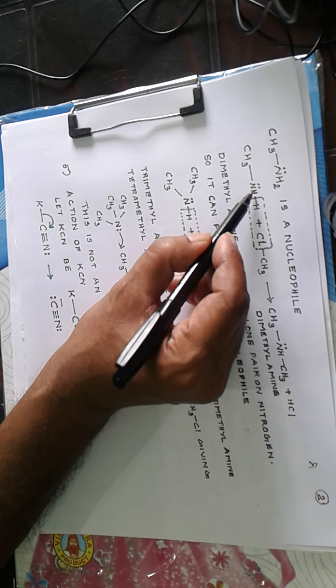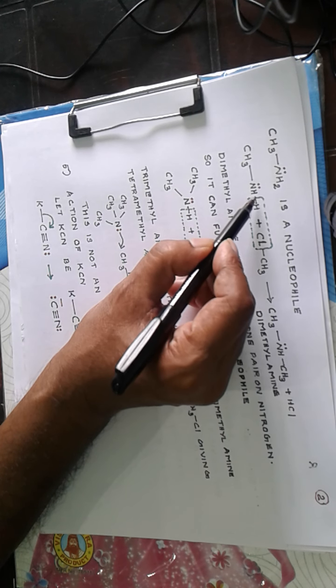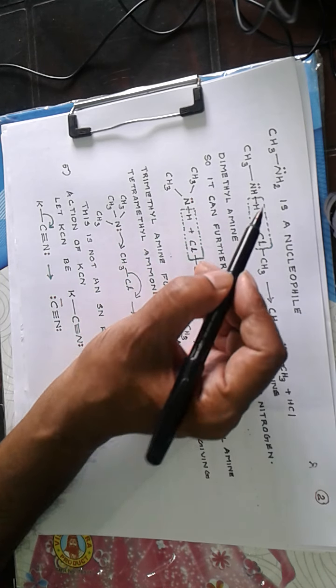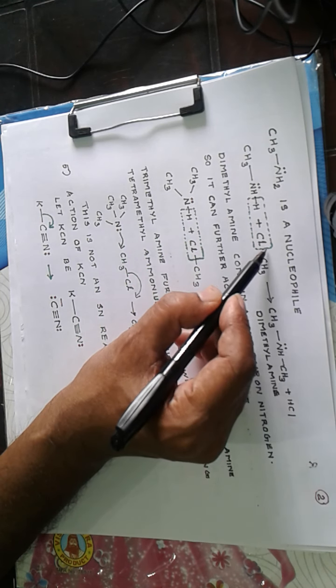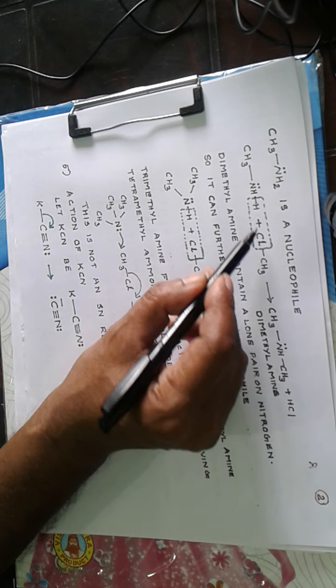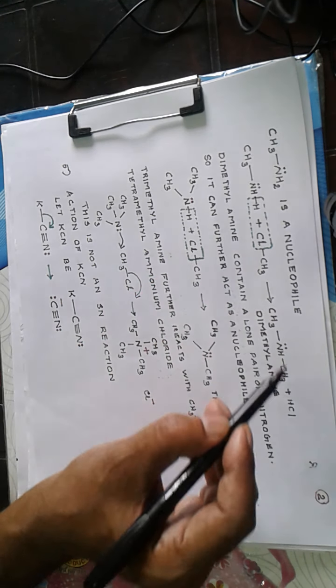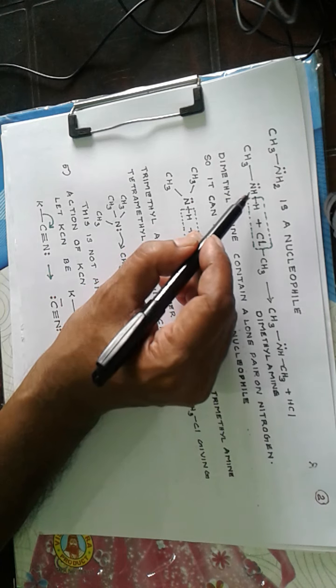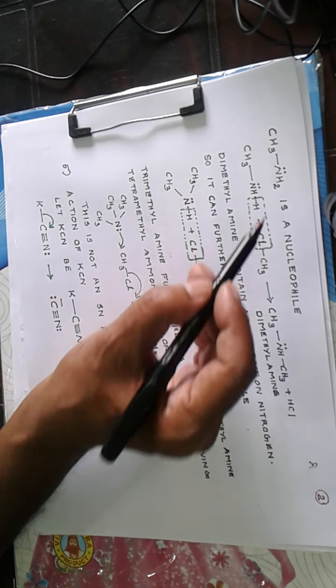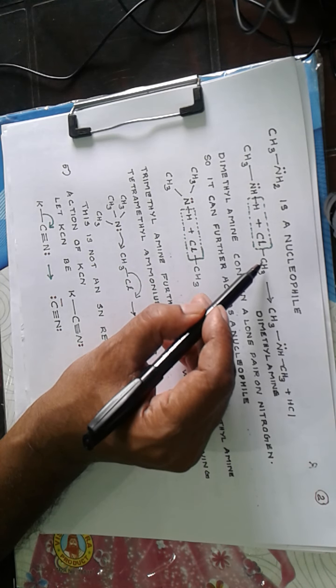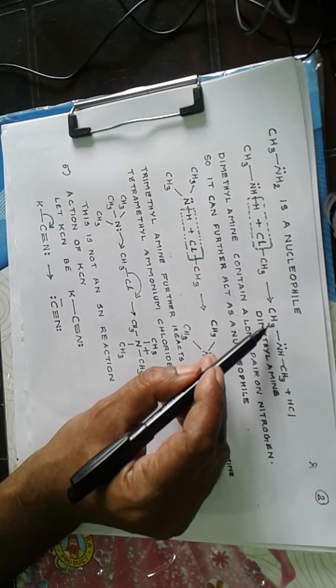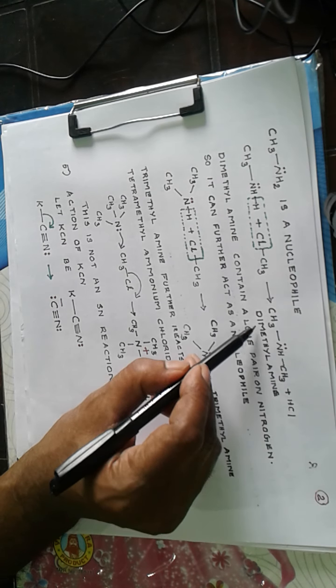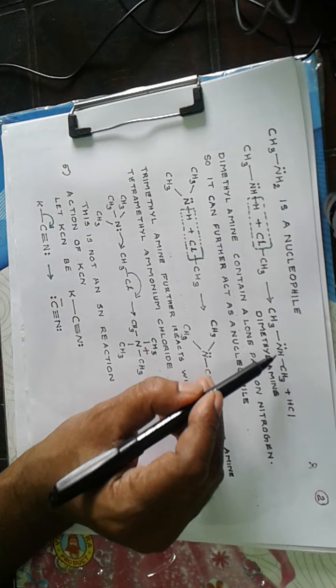So the bond between N and H in NH2 breaks, producing a valency over hydrogen, and the CH3Cl bond breaks, producing a valency over chlorine. H and Cl combine to produce HCl, and the valency over nitrogen combines with the valency over the methyl group, producing CH3NHCH3. It is called dimethylamine.